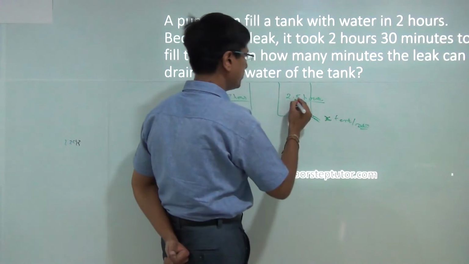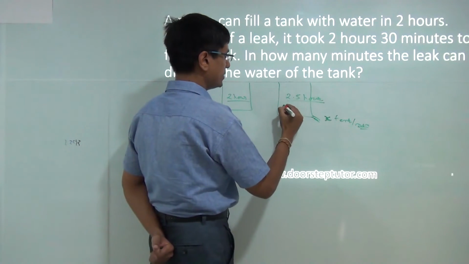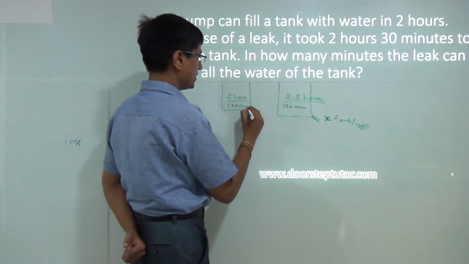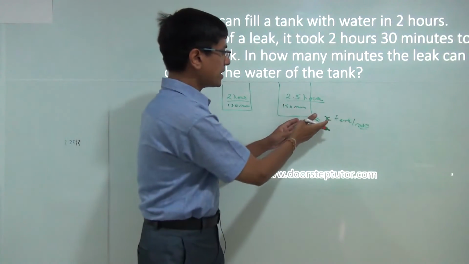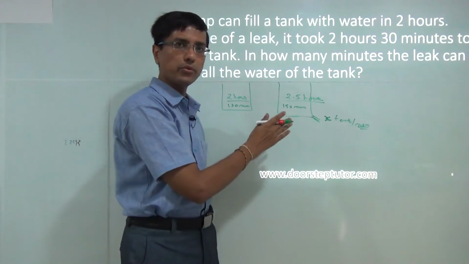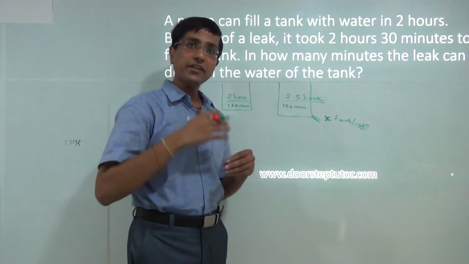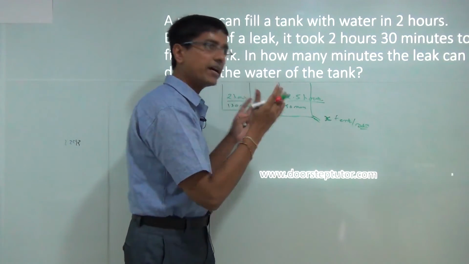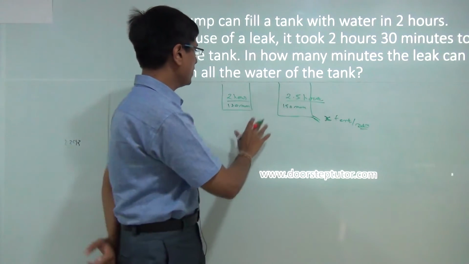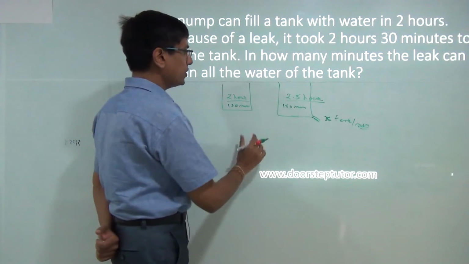Let's convert everything to minutes. So 2.5 hours becomes 150 minutes, and 2 hours becomes 120 minutes. Most students would start using algebra to solve the problem, and we'll see how to do that. But after that we'll see how we can do better than that. We don't really need to use any x or y here. So we'll see both the methods, right?